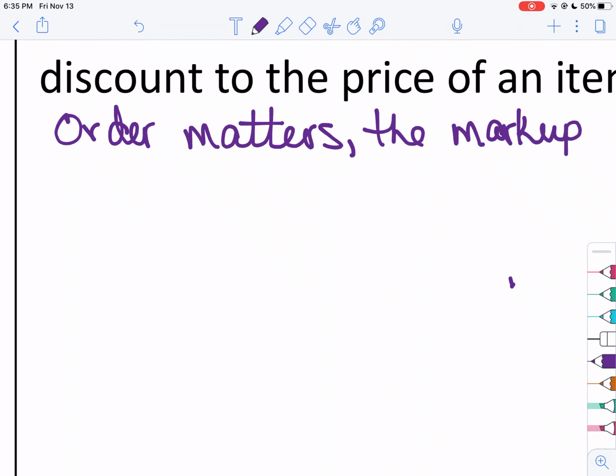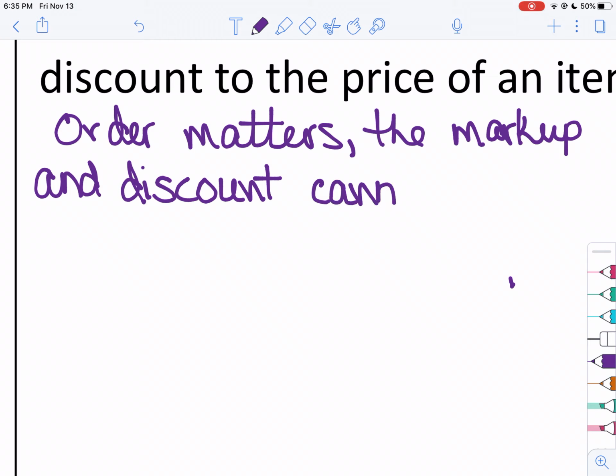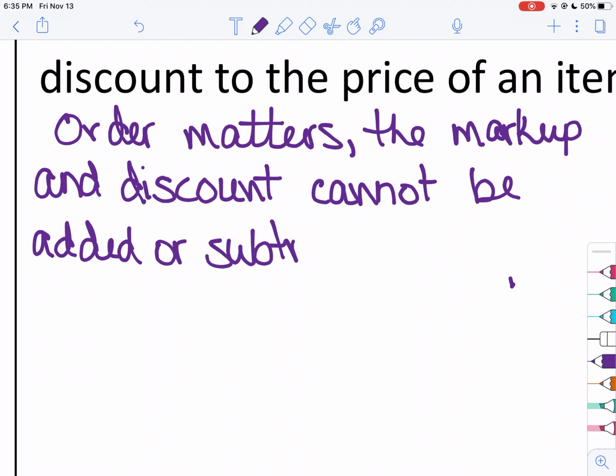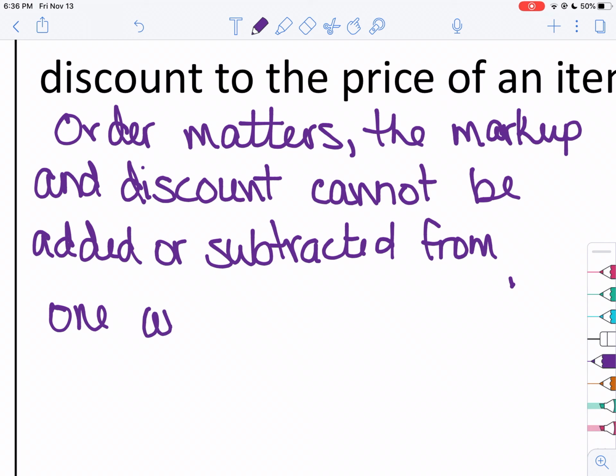The markup and discount cannot be added or subtracted from one another.